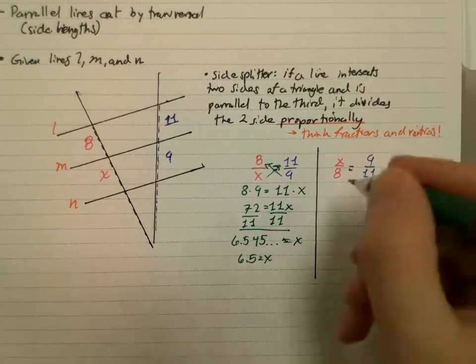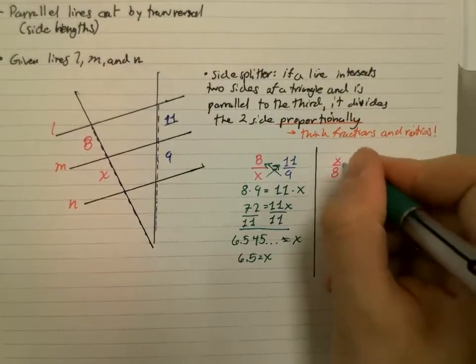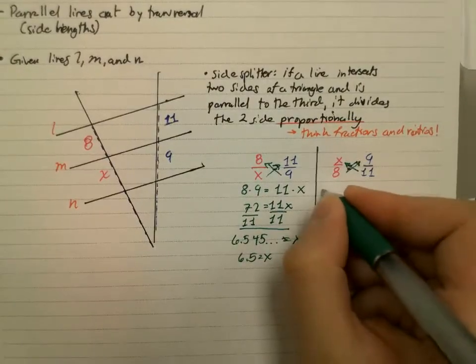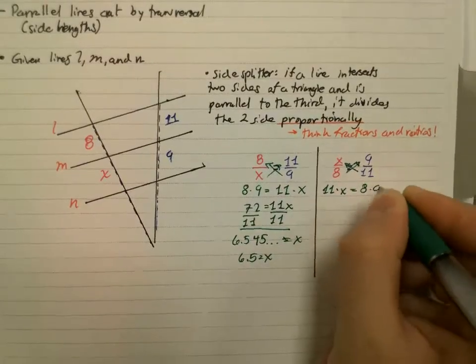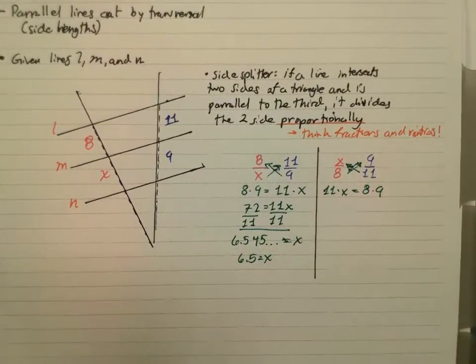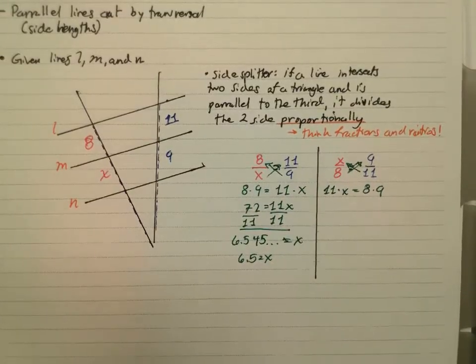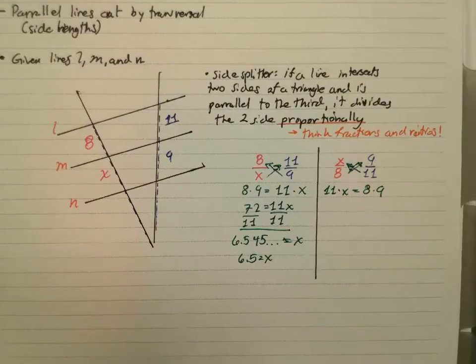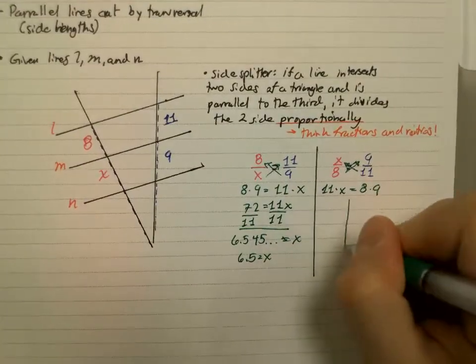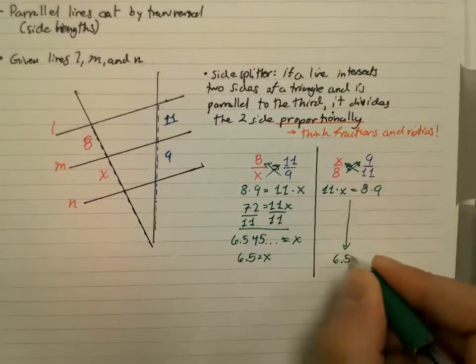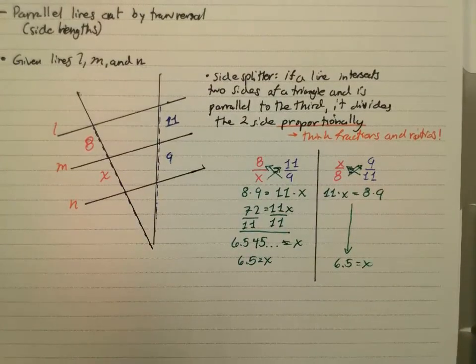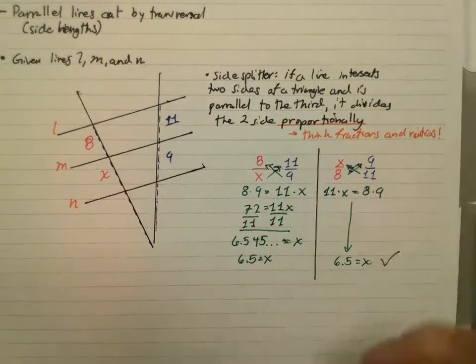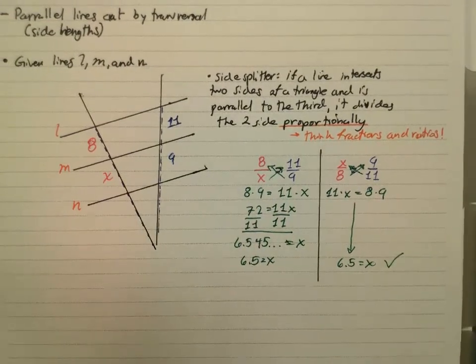I cross multiply. Okay, we get 11 times x equals 8 times 9. We can just stop right there because it's commutative. We can see that both of those are the same problem, just 11x is on the left instead of the right. You're going to get the same answer. If you do all that, you're going to get 6.5 equals x again. It'll be x equals 6.5, but the point is that they are the same. So it checks out. Okay.